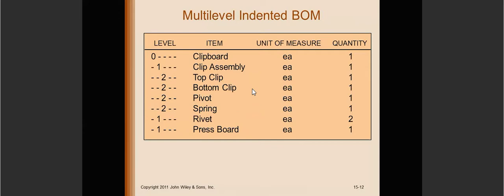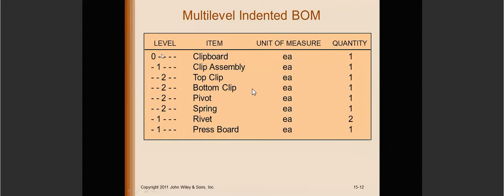In the product structure we also have a bill of material that presents the relationship in a table. Same as the product structure: clipboard, clip assembly, top clip, bottom clip, pivot, spring, and rivet. And here we have information about the level.